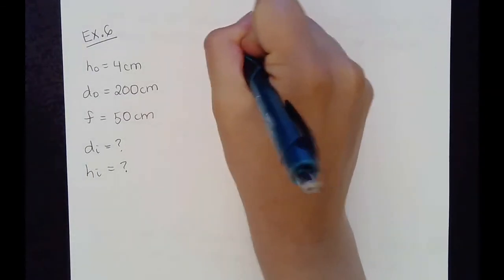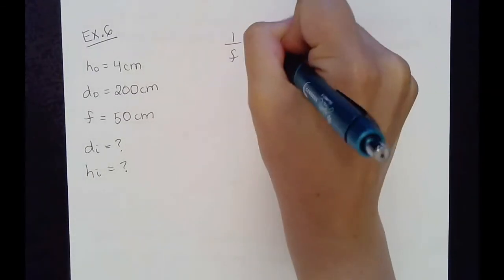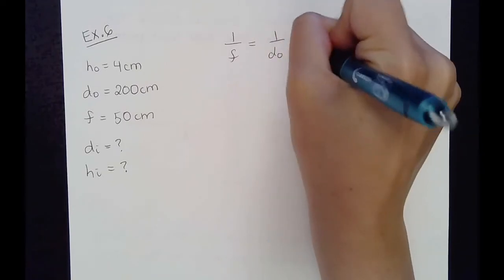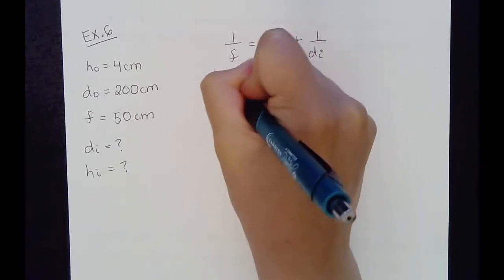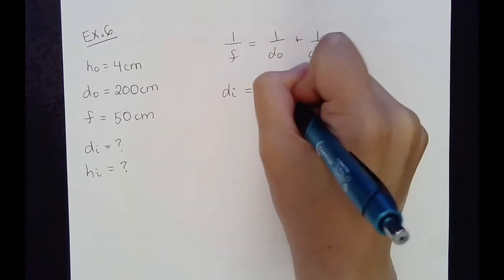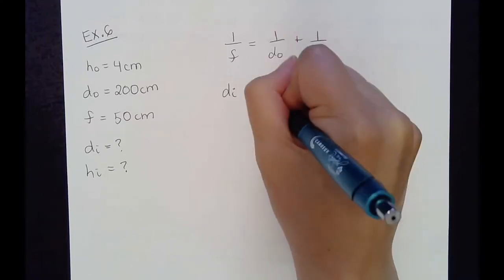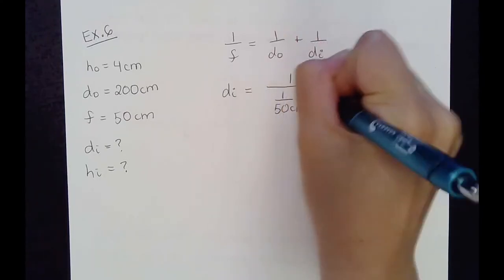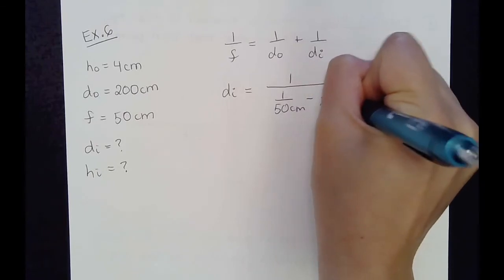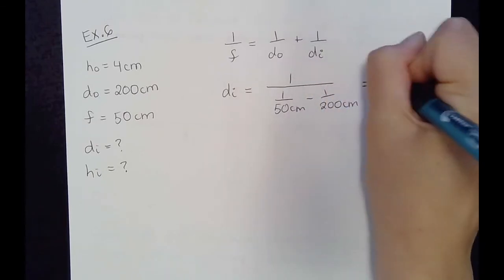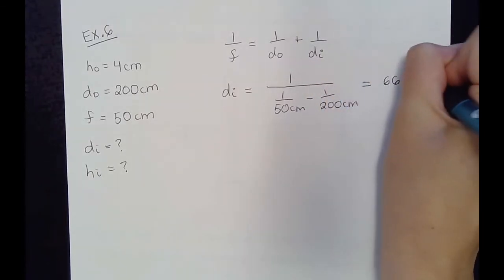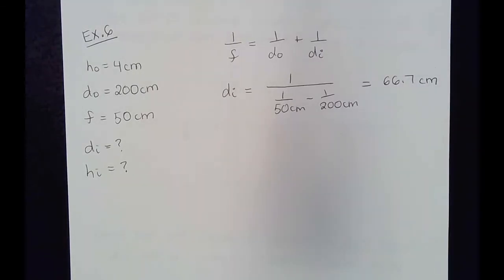So we have 1 over f equals 1 over do plus 1 over di. So di will be 1 over f minus 1 over do, so 1 over 50 minus 1 over 200, which is 66.7 centimeters. And that's positive, so it's going to be real and behind the lens.